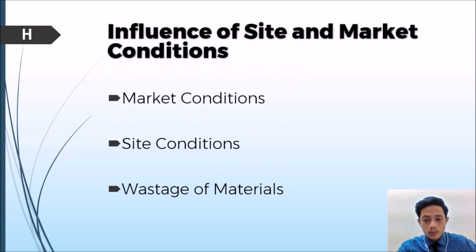Now, when talking about market condition, understanding this concept can help the quantity surveyor in pricing the tender, because he will always keep in mind that the price might fluctuate in the future when the construction project actually starts, as the market condition is not always stable and can change anytime.